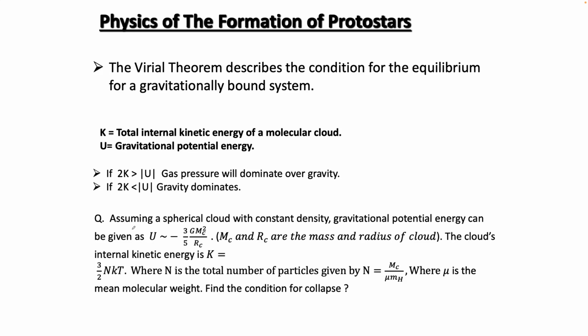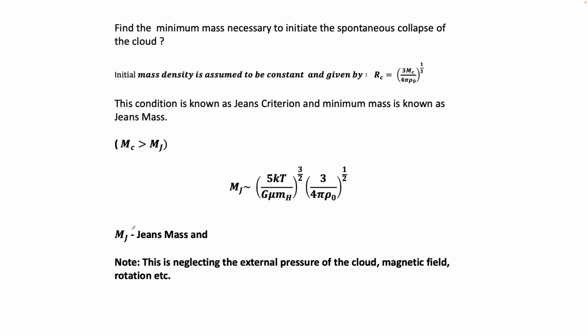I'm asking you to find the condition for the collapse, right? I think everything is given here. So you need to find the condition for the collapse. If you do a proper calculation, also find the minimum mass necessary to initiate this spontaneous collapse of the cloud, right? The initial mass density is assumed to be constant, and R_C equals (3 M_C over 4 pi rho_0) to the power 1/3.